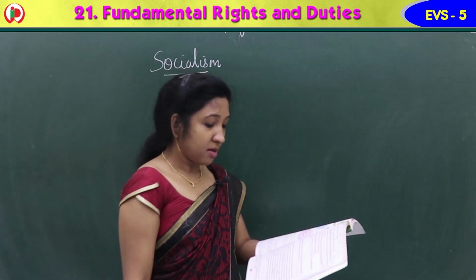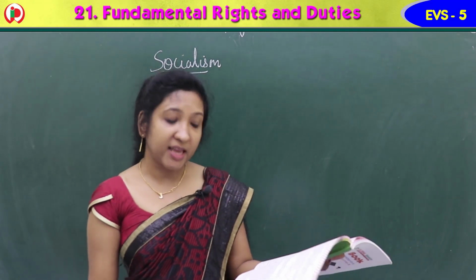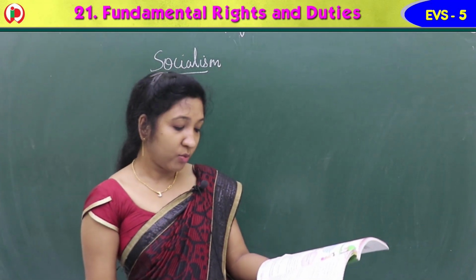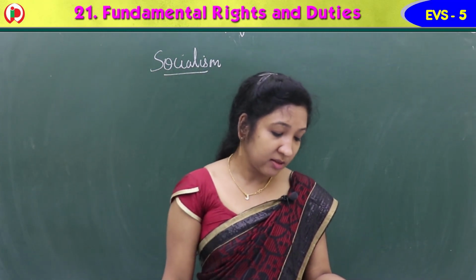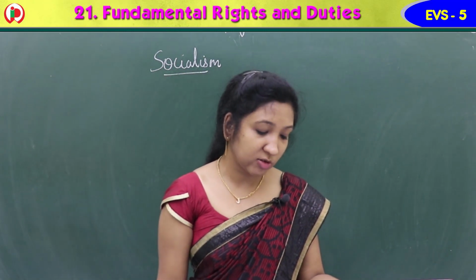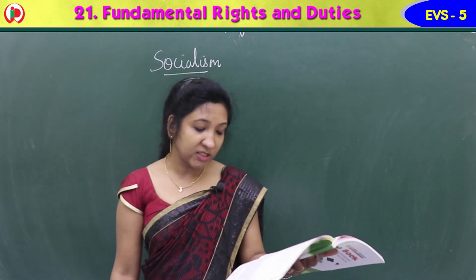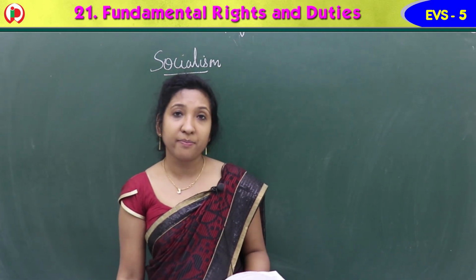Socialism is a political and economic theory of social organization which advocates that the means of production, distribution, and exchange should be owned or regulated by the community as a whole.